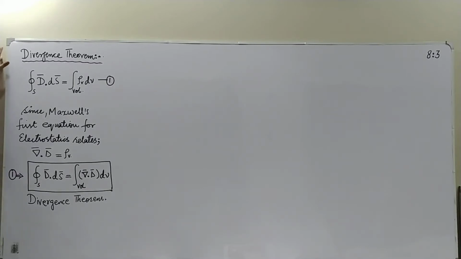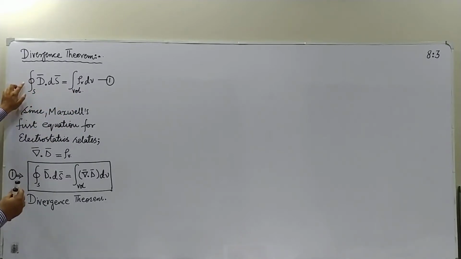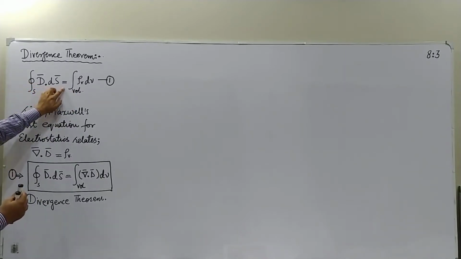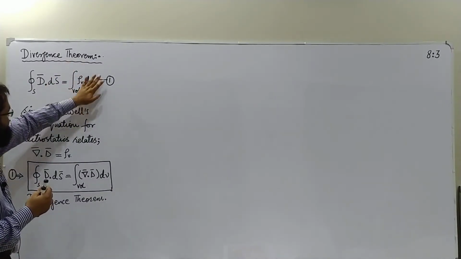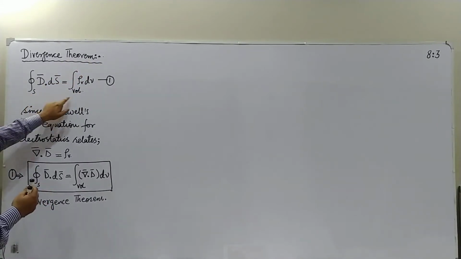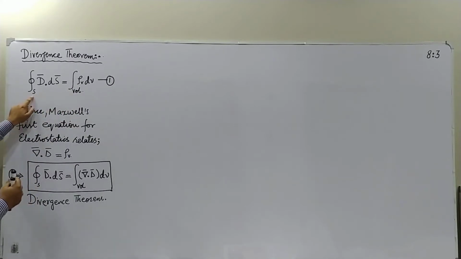I just want to discuss a very supplementary topic, but really very important relationship regarding the divergence, and that is the divergence theorem. In the last lecture, when we were discussing divergence, we concluded this equation: that the closed surface integral of D dot dS is equal to the total charge enclosed by that closed surface, integrated over the volume occupied by this closed surface.